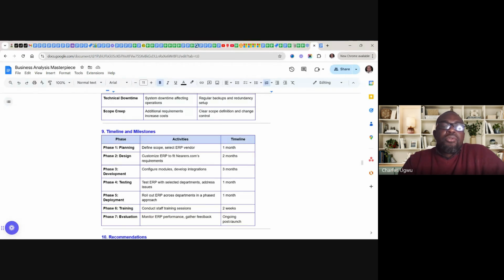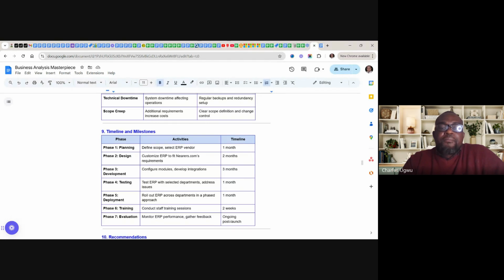Phase 2, design: system design, customize ERP to fit NIARA's requirements, 2 months. Phase 3, development: configure modules, develop integration, 3 months.